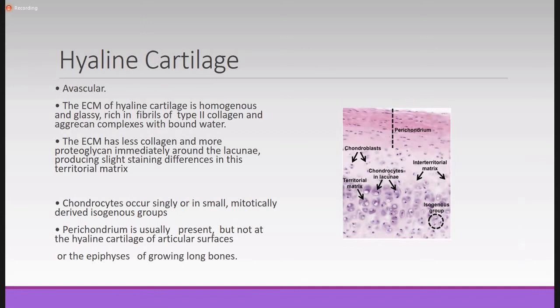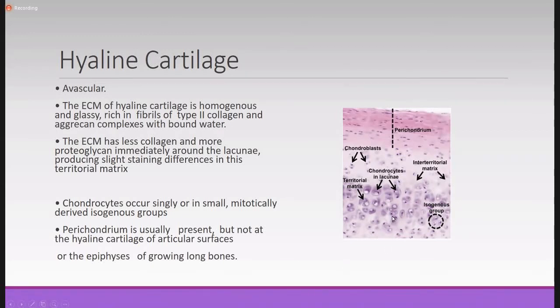The extracellular matrix of the hyaline cartilage is homogeneous, glassy, rich in fibrils, which are type 2 collagen, and aggregate complexes which bind with water. The extracellular matrix has less collagen and more proteoglycan. That is why we have differences in the staining. Immediately around the lacunae, there are slight staining differences in the territorial matrix.